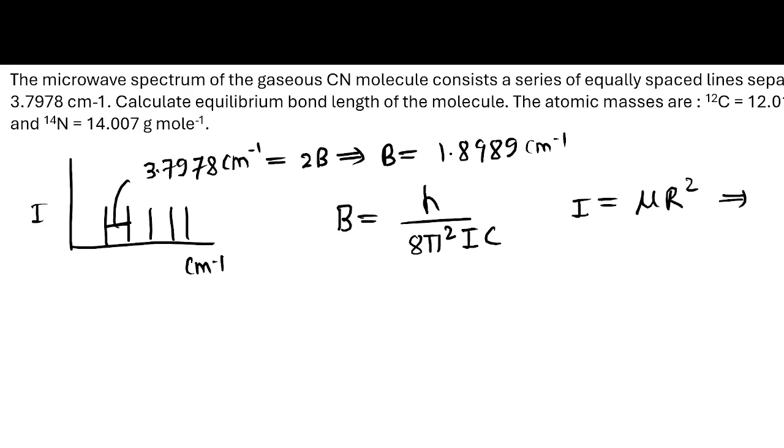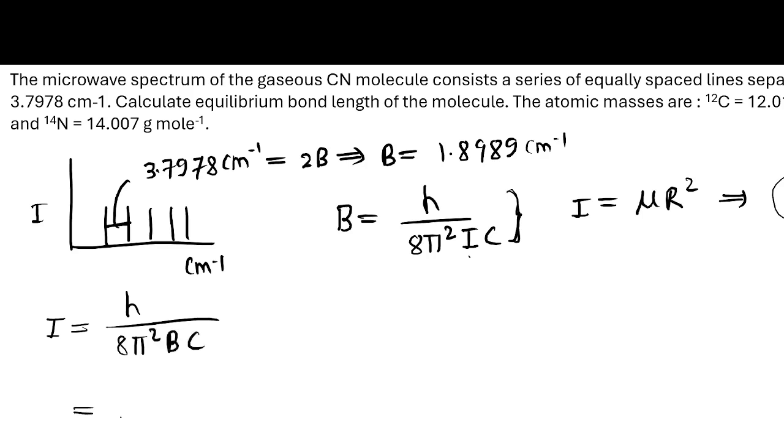And this R is your bond length, so we have to calculate R. From this expression we can calculate the moment of inertia, and from the other expression we can calculate the bond length. So first we have to calculate I, which is h over 8 pi square B c.